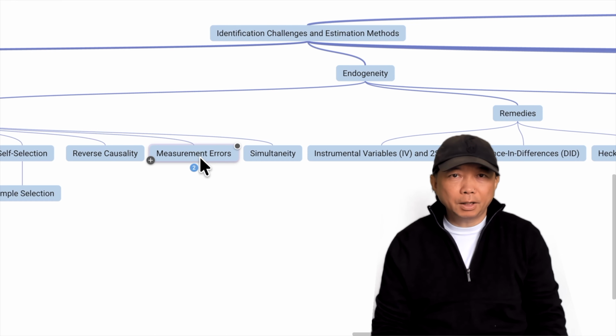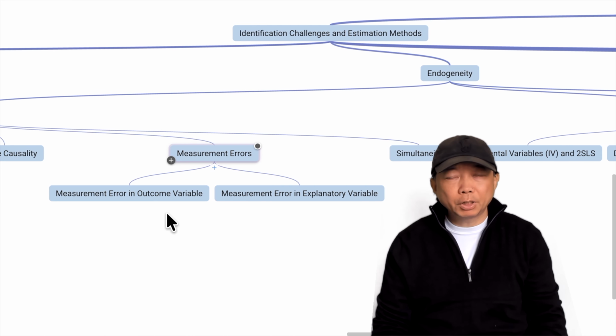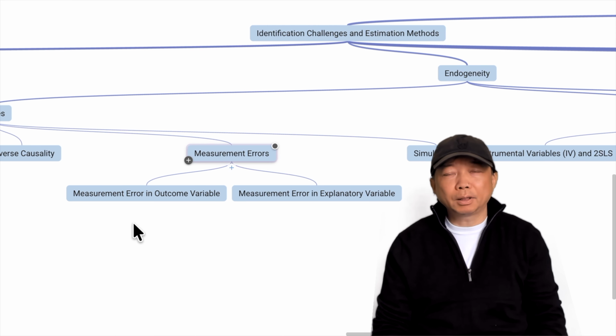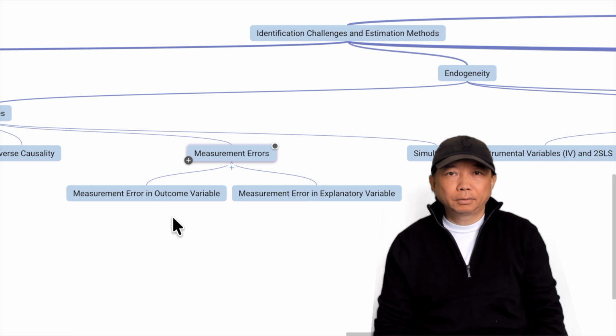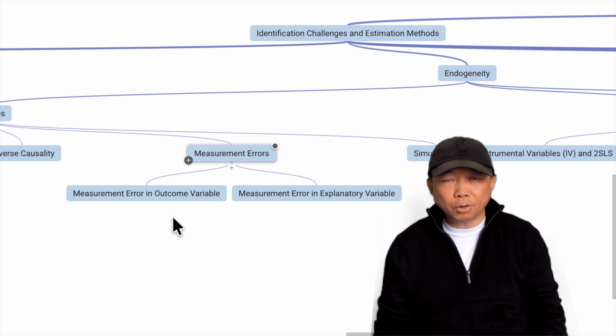Today, we discussed the properties of the OLS under the measurement error in the outcome variable. The OLS estimate remains unbiased and consistent, provided that the measurement error is not correlated with the explanatory variables, which is usually assumed in econometric analysis.